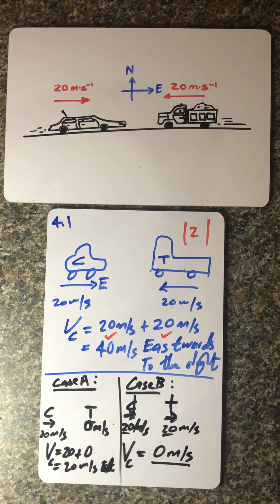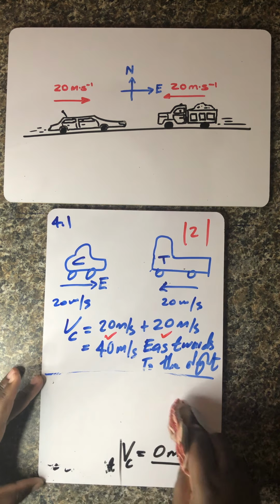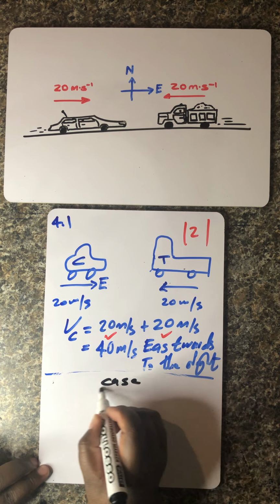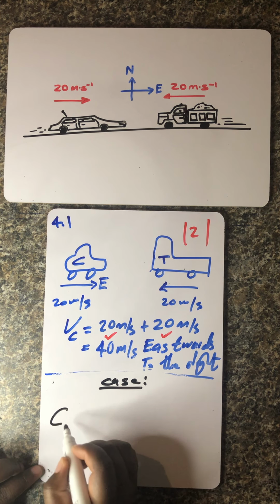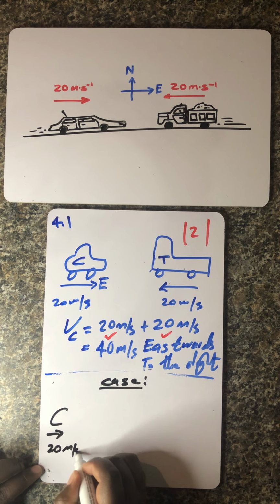I'm not really sure, guys, if you understood what I was trying to explain over there. The last case, ladies and gentlemen, is something that they may ask. Let's say this is the car traveling in that direction at 20 meters per second.